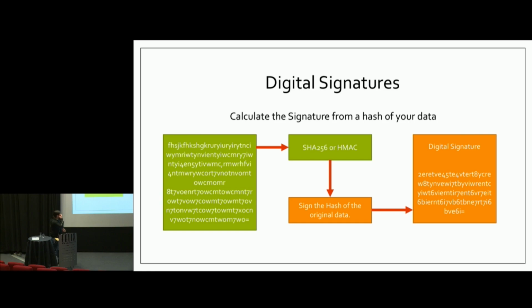And the way it works is if you have a large piece of data, say, I don't know, a file, you generate a hash or a HashMAC of that data, and then you create a digital signature of that hash. Because internally in .NET our digital signature is based on RSA, so we have the same key length limitations. So we don't create the signature of the data itself, we create the signature of a hash of that data.